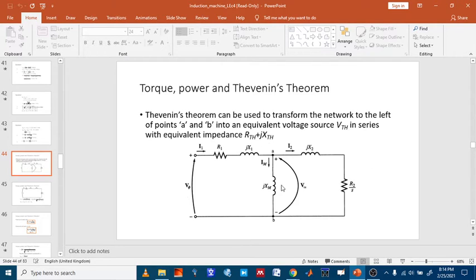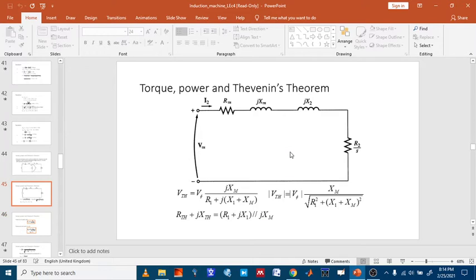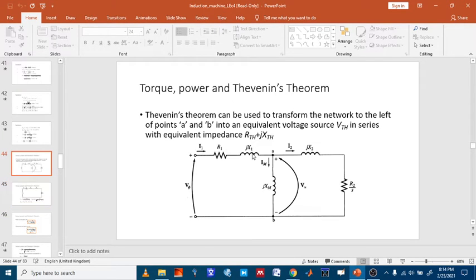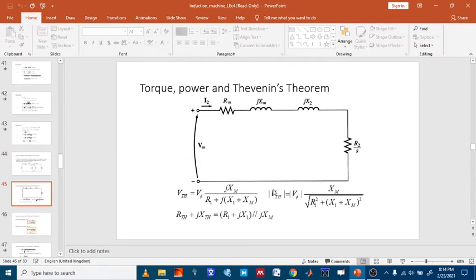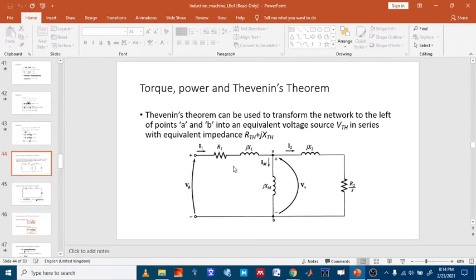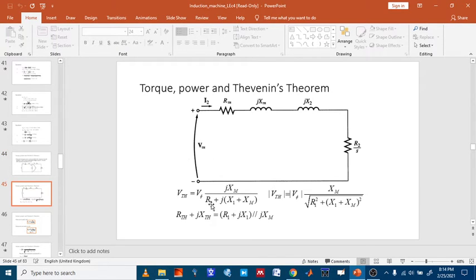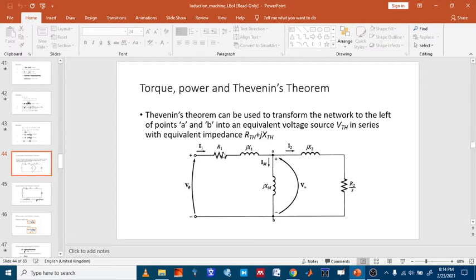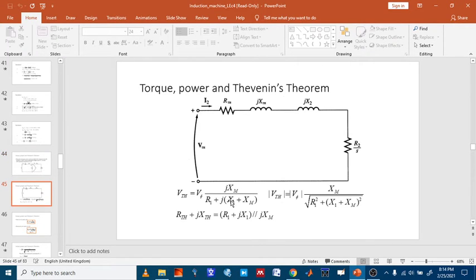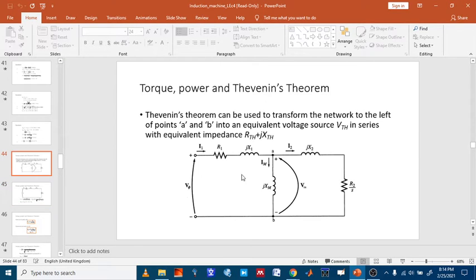So the Thevenin voltage: the impedance here, jXM, over the sum of the impedance in the stator part together with the magnetizing part, R1 plus jX1 plus jXM, times V phase.